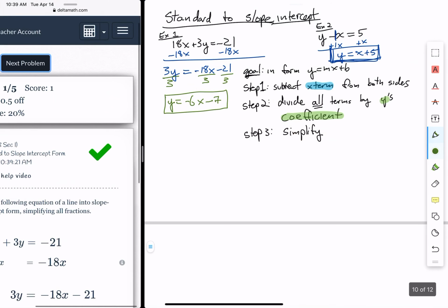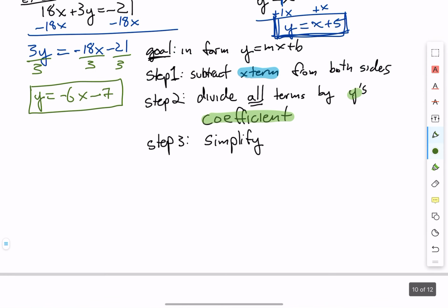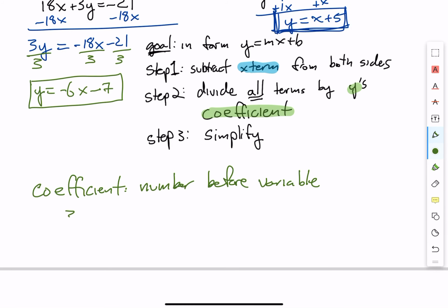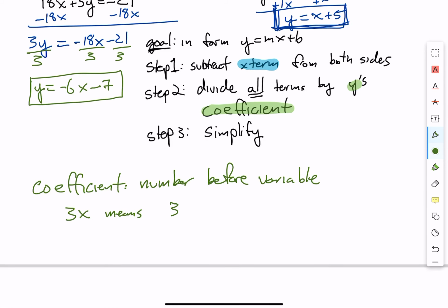So, couple things to watch out for. If your coefficient, that's the number before the variable. Right, so 3x means multiply 3 by x. 3 times x, and 3 is the coefficient.